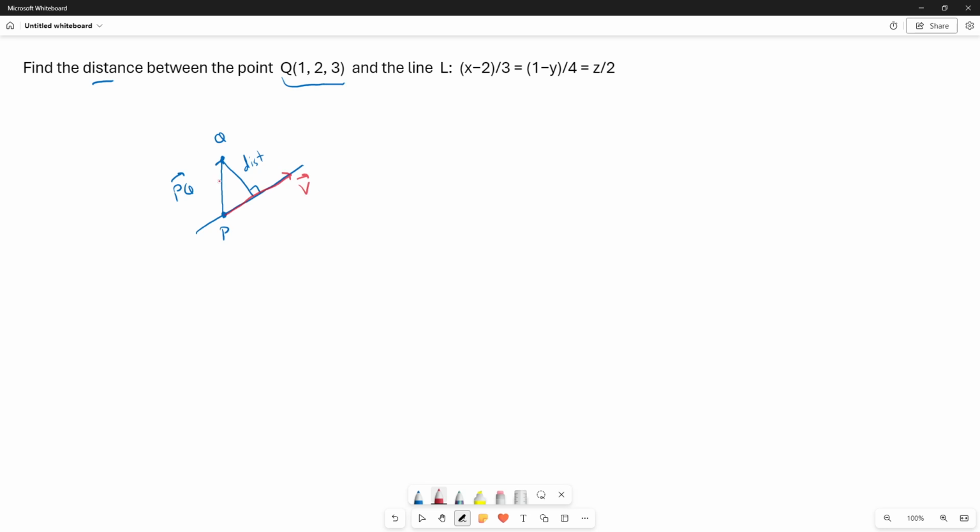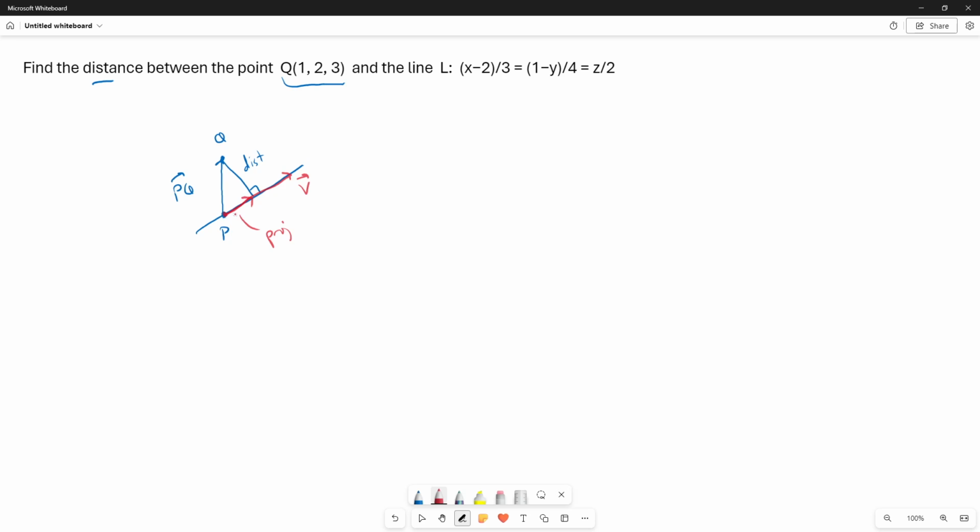Then if we project the vector PQ onto the direction vector V, that will be this vector here, and then the distance will be the magnitude of the difference between PQ and the projection. Let's go through the details.